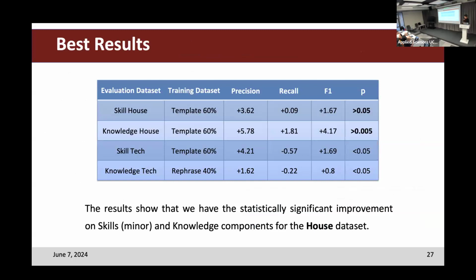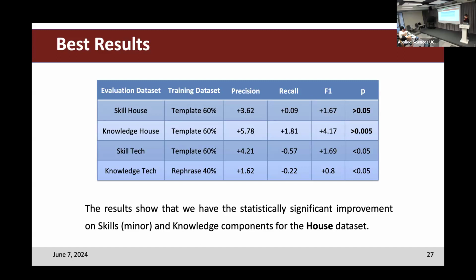So let's observe the best results. As we can see, we got a statistically significant improvement on knowledge and skill detection on the house dataset, essentially the general domain. We tested this statistical significance by doing a t-test, considering that we repeated the experiment 5 times, with models trained 5 times.